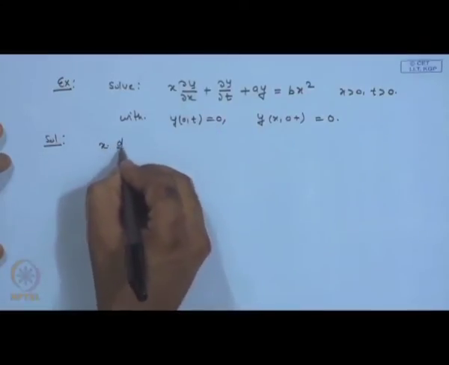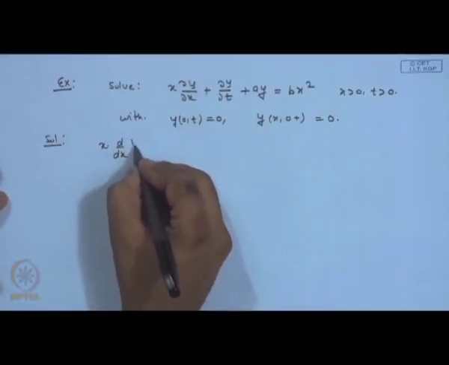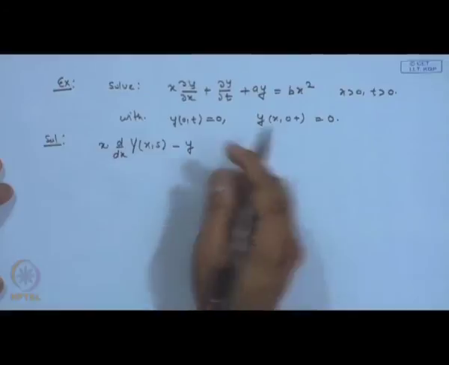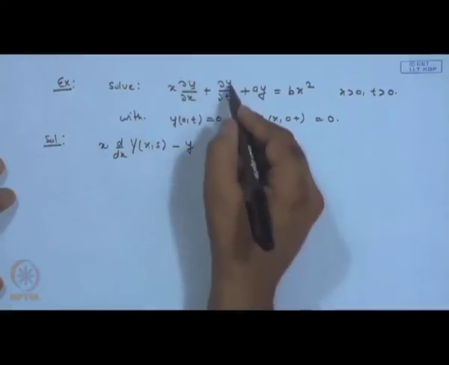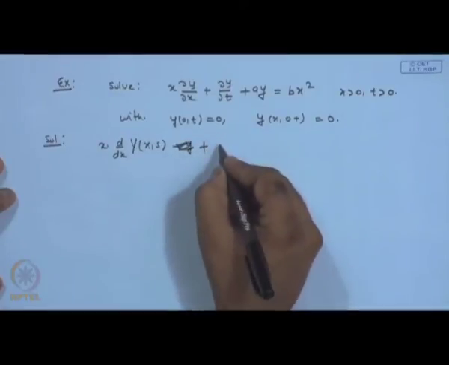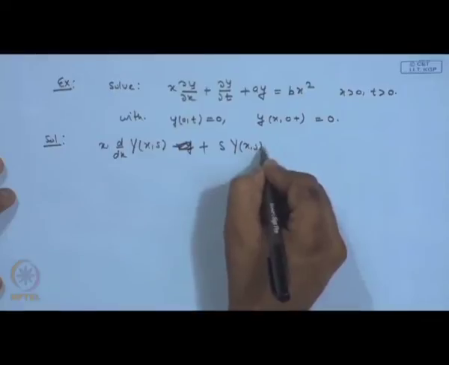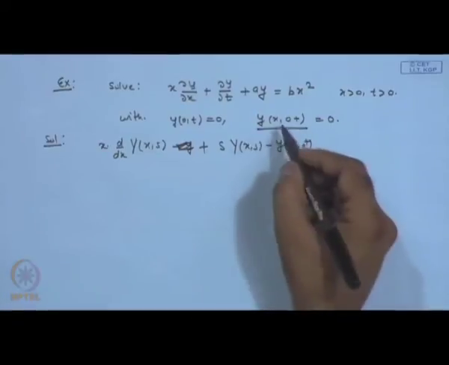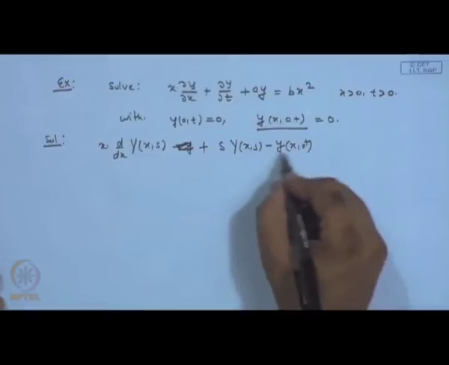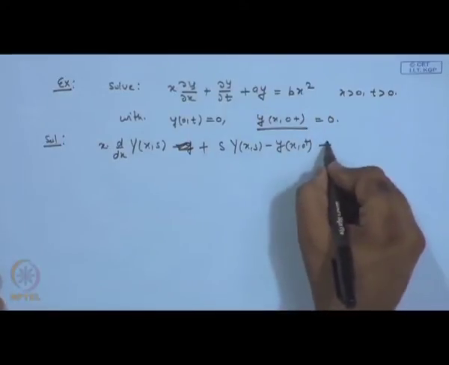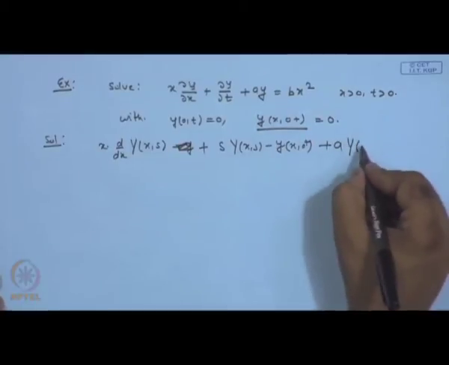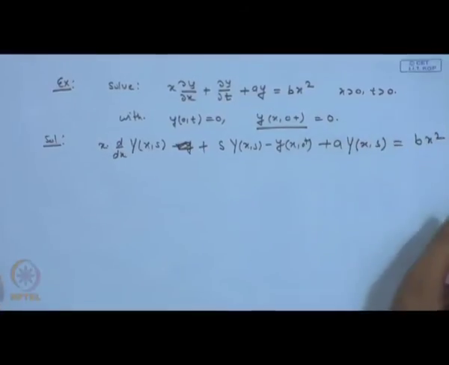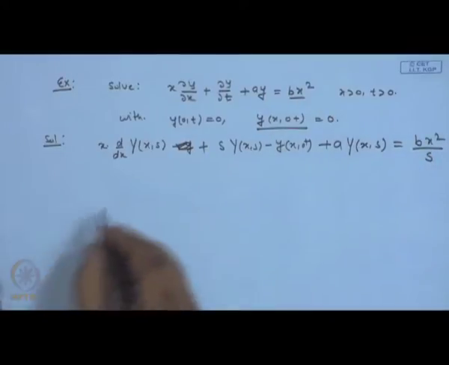We have x d/dx of the Laplace transform of y, y(x,s), plus s y(x,s) minus y(x,0+), because the initial condition is given at 0 plus, by the derivative theorem, plus a y(x,s). On the right-hand side we have b x squared, treated as a constant, and the Laplace of 1 is 1 over s.